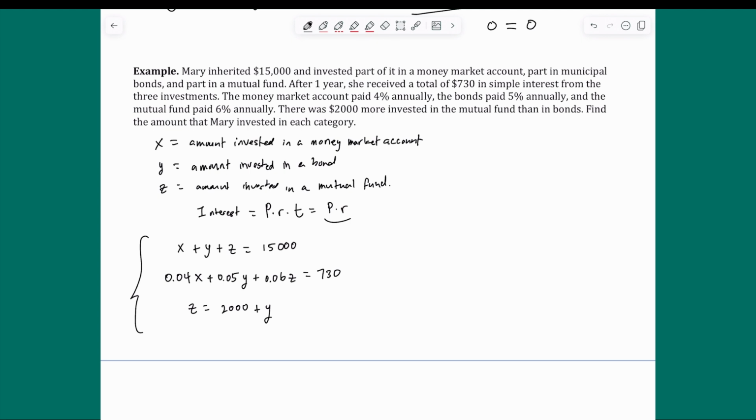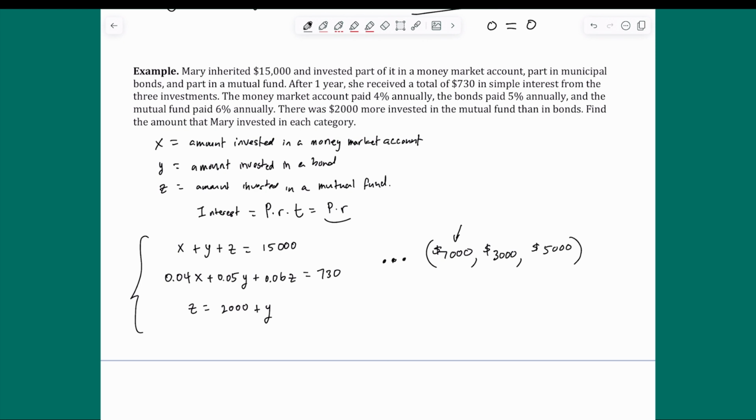I'm not going to show how to arrive at the answer, but you can fill in the details here and you should arrive at $7,000 put into the x account, $3,000 put into the bond account, and then $5,000 put into the mutual fund.